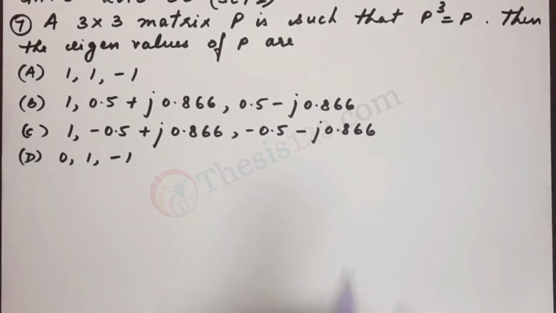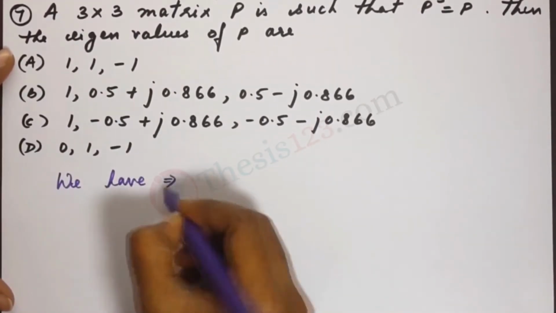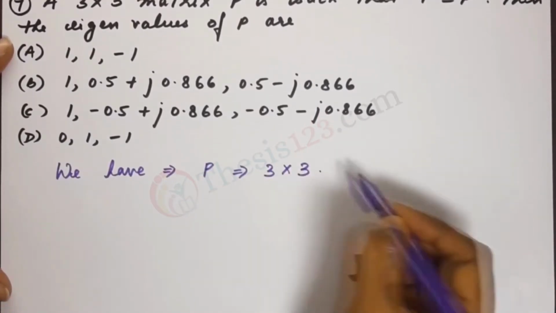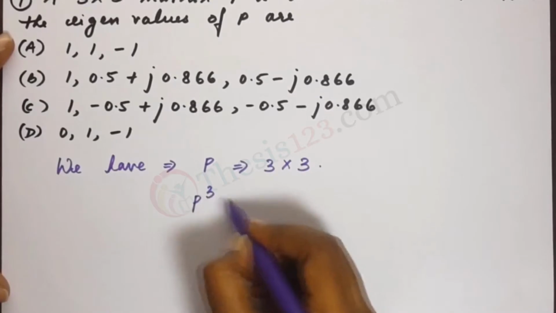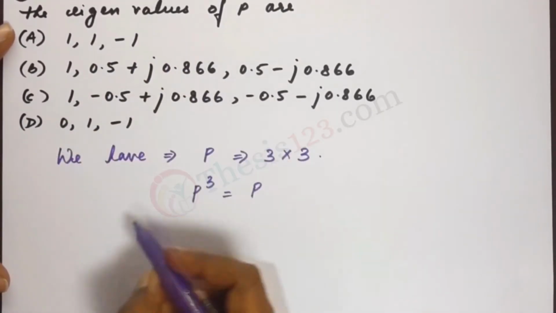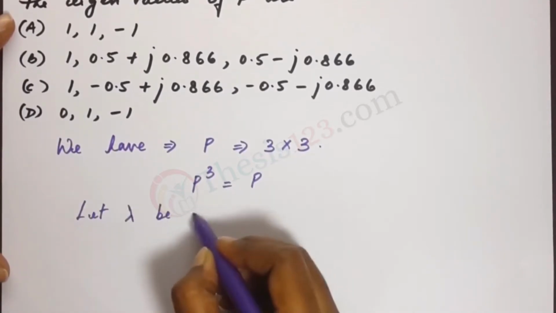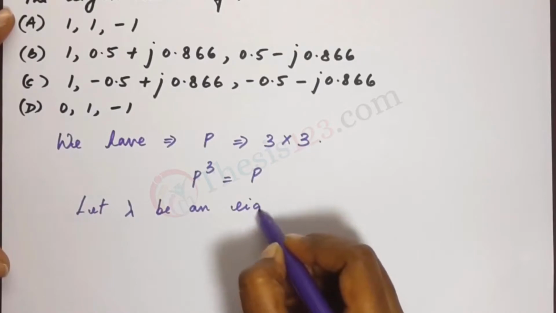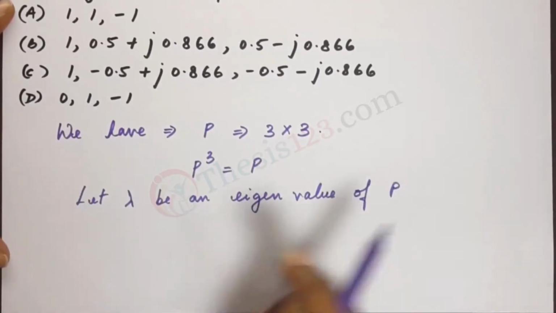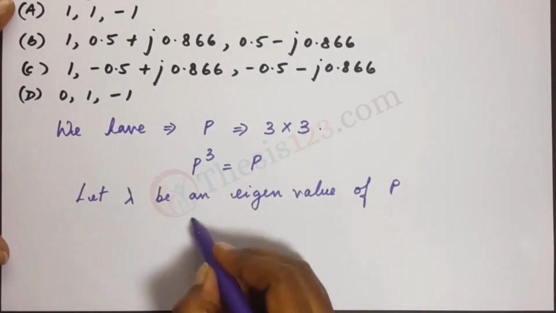It has been given to us that P is a 3 by 3 matrix, and also P cube is equal to P. Since we are talking about eigenvalues, let lambda be an eigenvalue of P. If lambda is an eigenvalue of P, lambda satisfies the equation given to us.